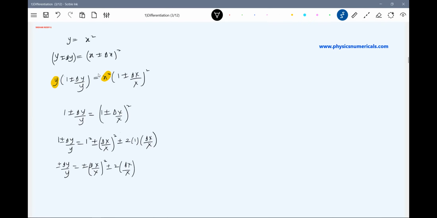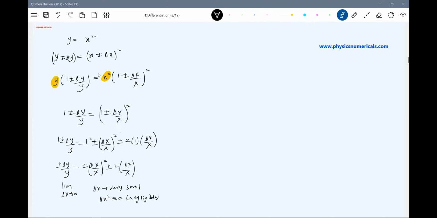So what is, let limit delta x tend to 0? What does it mean? Then the delta x, what happened? I had to write it as dx. If delta x is very small, then delta x square will become negligible or tends to 0.